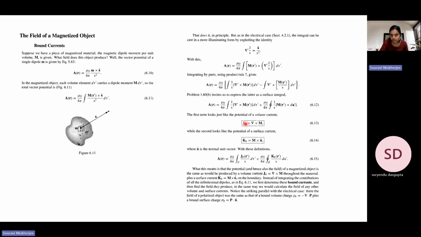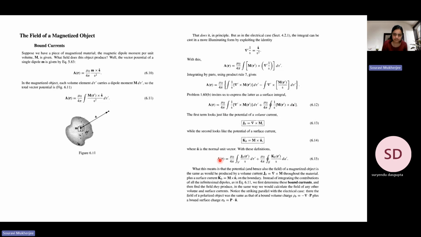Okay, so this is called the volume current, which is defined as curl of M, where M is your magnetization. And then you have a surface current, which is given as M cross n cap. So these two contributions, the volume and the surface contributions, give rise to the vector potential for a magnetized object. Now, once you know A, you can basically find the magnetic field by taking the curl of A.